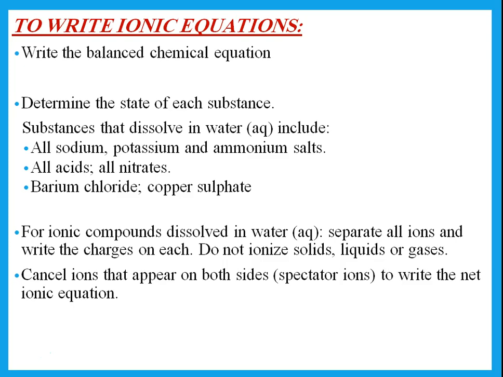You need to remember that these things are soluble in water, and that means their state in the equation would be aq, or aqueous. So anything that is ionic and dissolves in water, separate all the ions and write the charges on each. Do not ionize anything that does not dissolve in water. So you don't ionize anything that's a solid or a liquid or a gas. And whatever comes out, you cancel the ions that are exactly the same on both sides of the arrow.